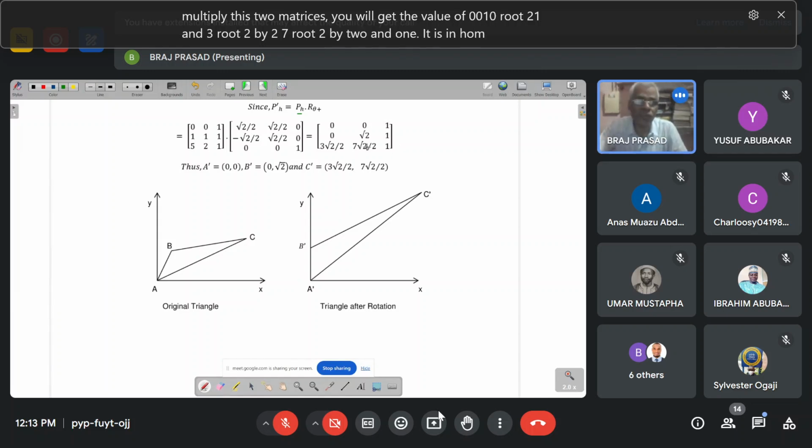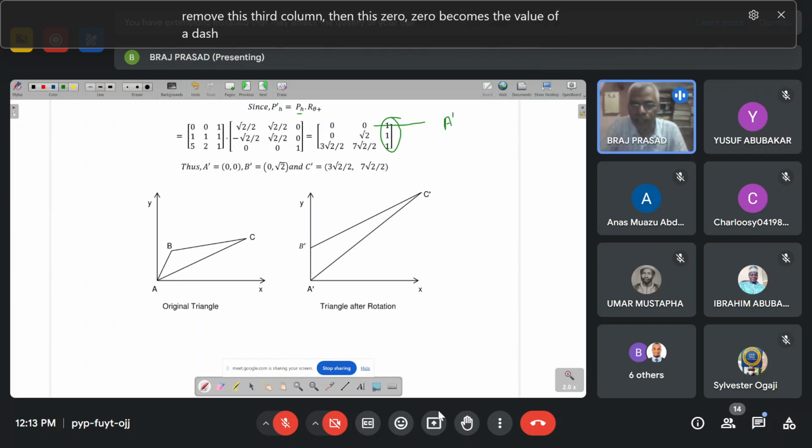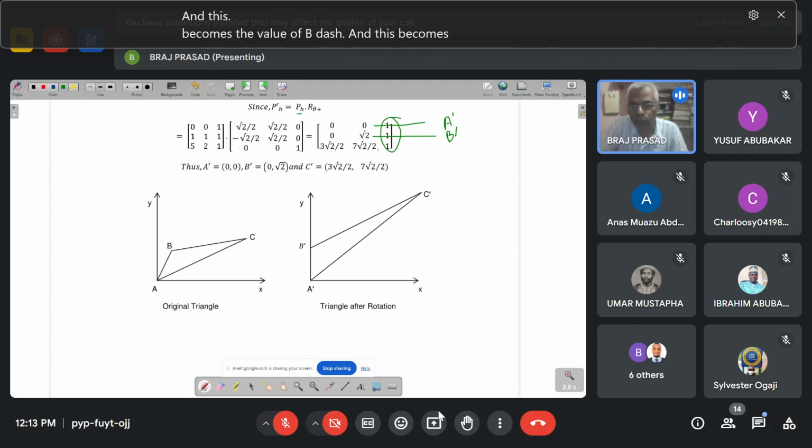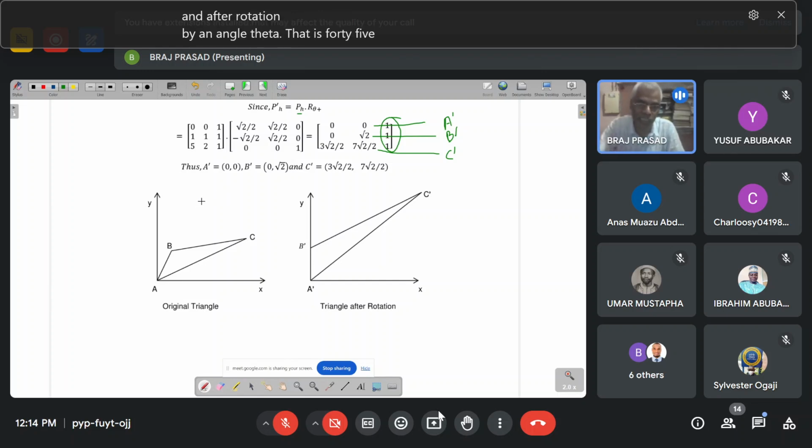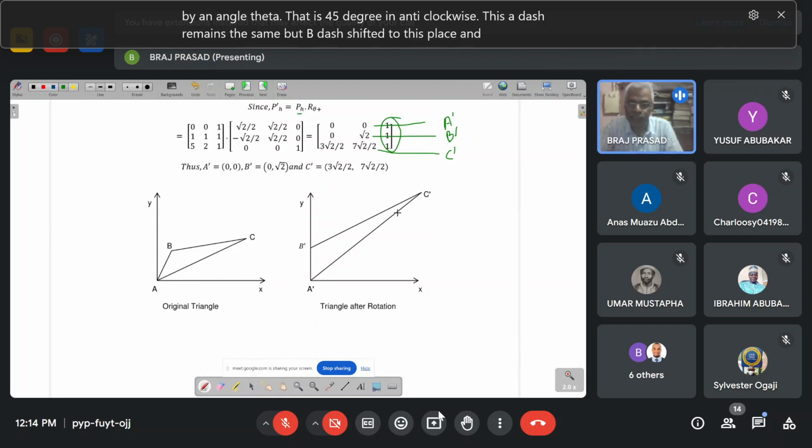It is in the homogeneous coordinate system, so we will remove the third column. If we remove this third column, then this 0, 0 becomes the value of A dash, this becomes the value of B dash, and this becomes the value of C dash. The original figure of the triangle is ABC, and after rotation by an angle theta, that is 45 degrees anti-clockwise, A dash remains the same, but B dash shifted to this place and C dash shifted here.